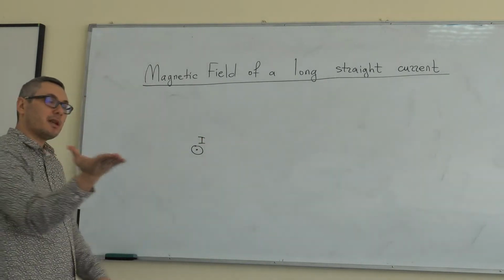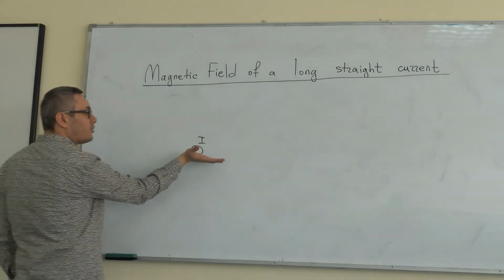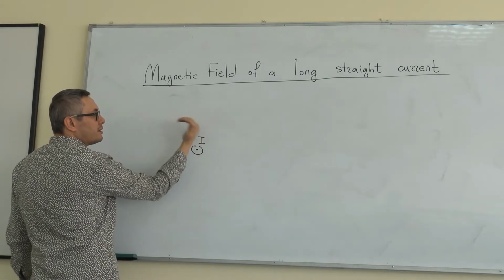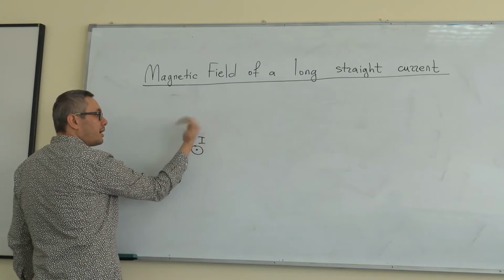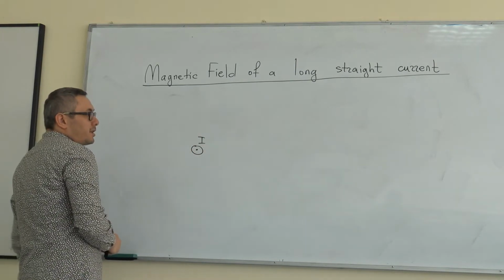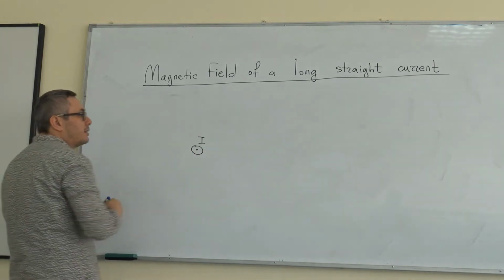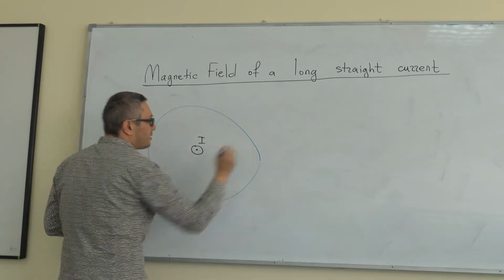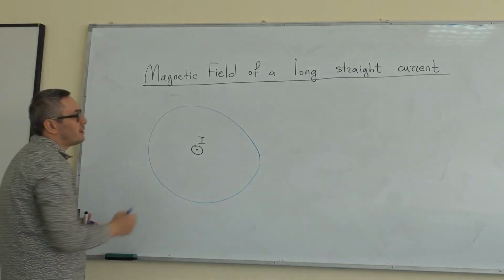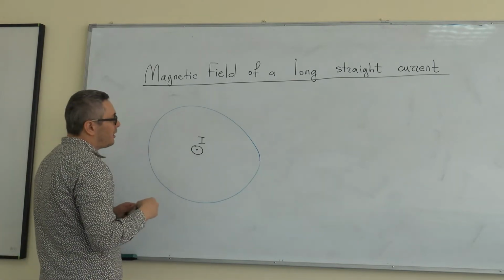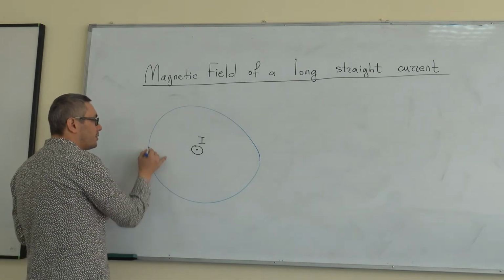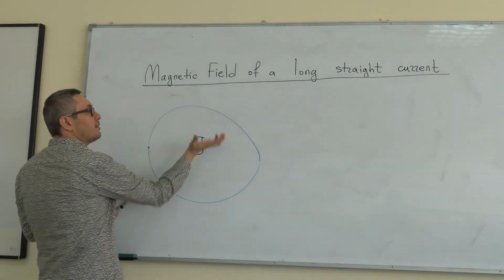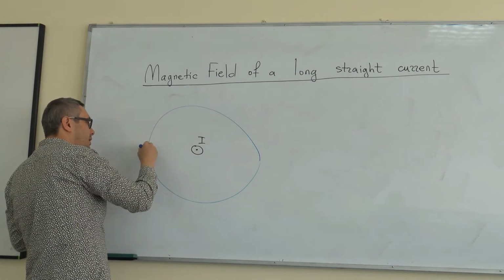I can take my right hand again and draw circles using the right hand rule. For example, let's say that I draw a circle like this around the current I. Then at this point, the direction of the magnetic field will be pointing straight down.